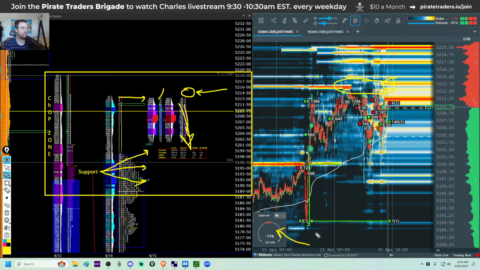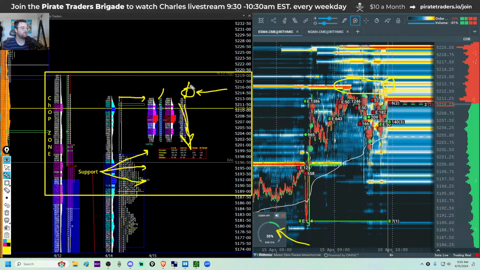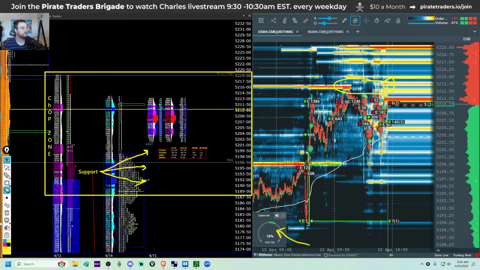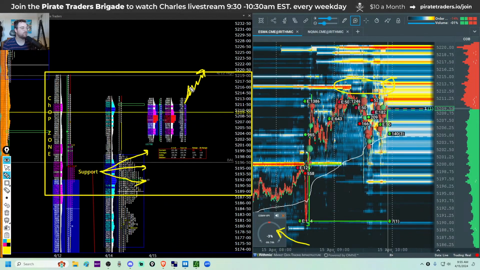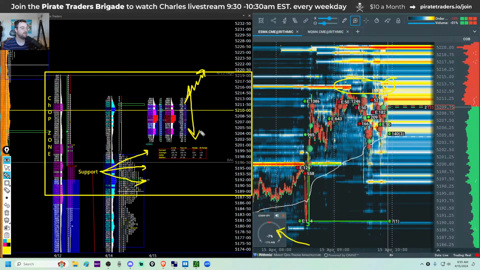So bup, bup, bup, and we'll chew up those stops. And then once we chew up those stops, one of two things will happen. Either we pop up there, we chew up those stops, and then new buyers step in and we continue up for yesterday's high, or those stops get taken out and then it comes right back down. Right?